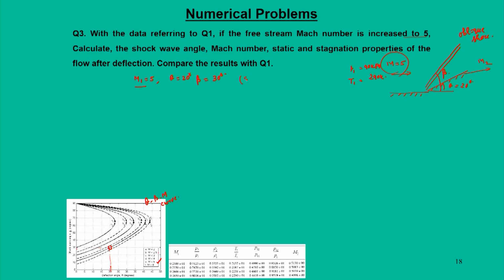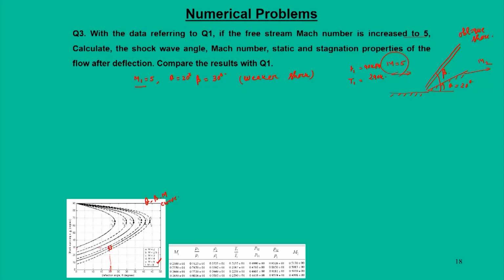So, the shock is a weaker shock. That means, with respect to Mach 5, theta 20 degree, it is a weaker shock, but it was a stronger shock for Mach equal to 3. This we get from the theta beta M curve.